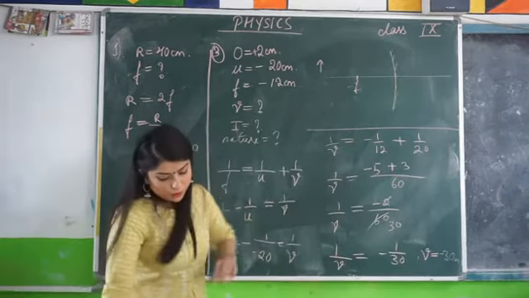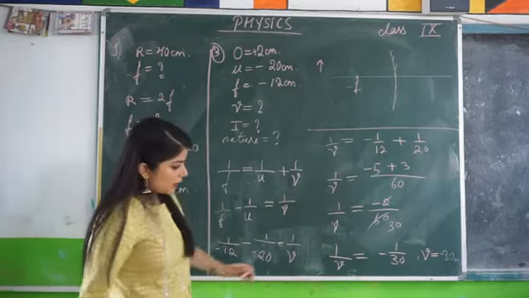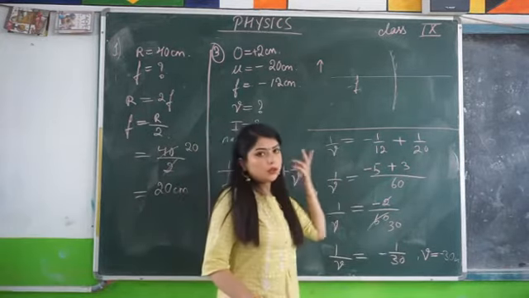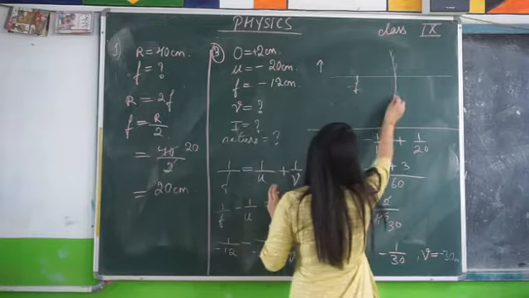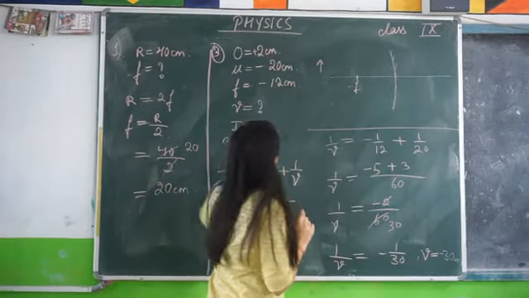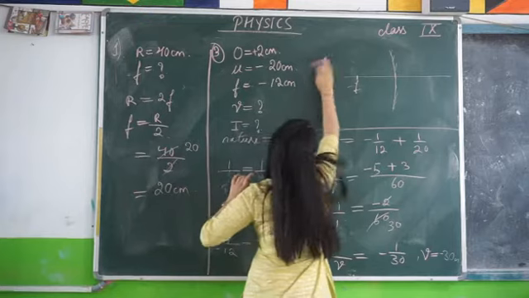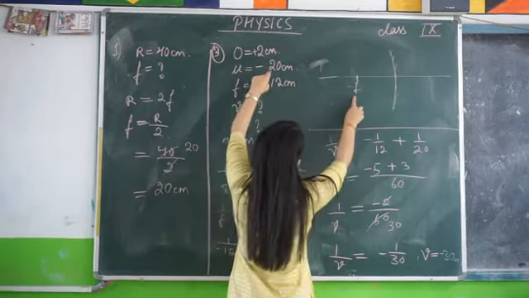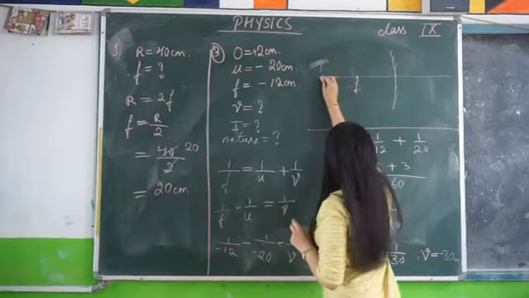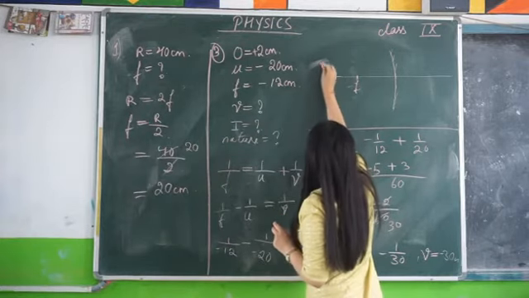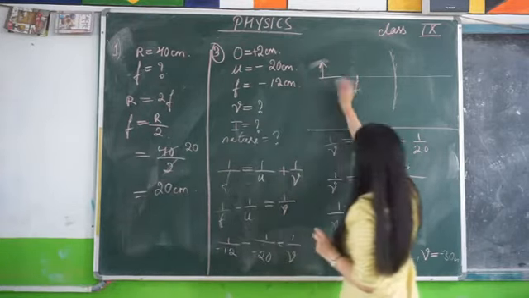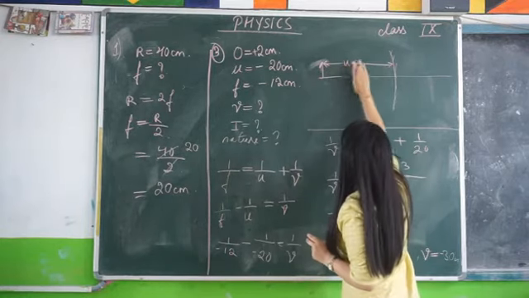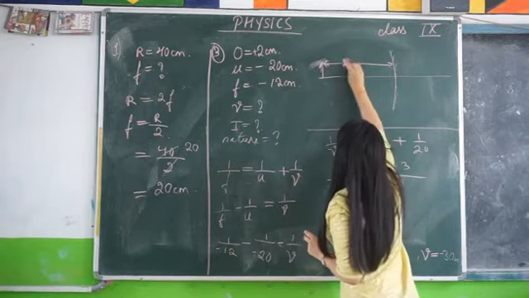Now from here what we can understand is we are getting minus 30. Minus means anything on the left side of the mirror. So our image will be formed on the left side of the mirror. If this is your object, the focal length is 12 and this is 20, so it will be quite far from 12. This is your object distance, which is 20.